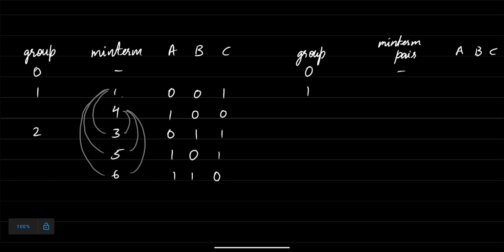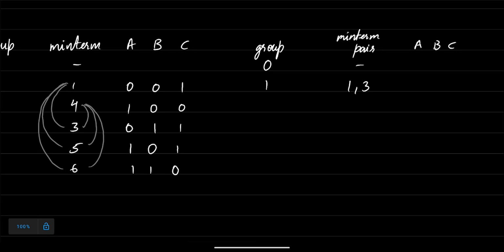So 1 and 3 only differ by 1 bit, so they classify as a valid pair to move on to the next table. And how we are going to represent their binary representation is 0 dash 1, because the first bit doesn't change, which is a 0, the last bit doesn't change, which is a 1, and the middle bit does change, which has been represented by a dash.